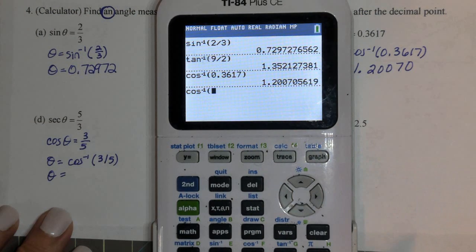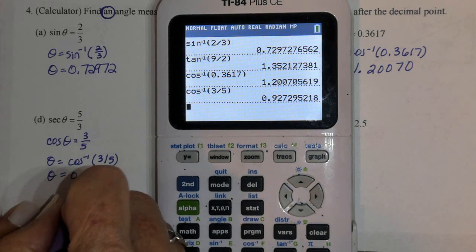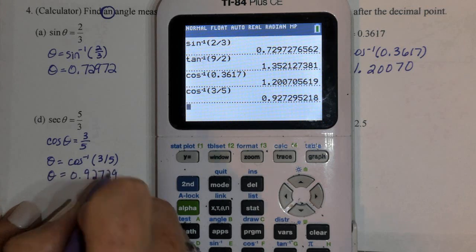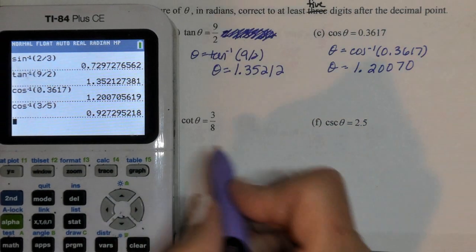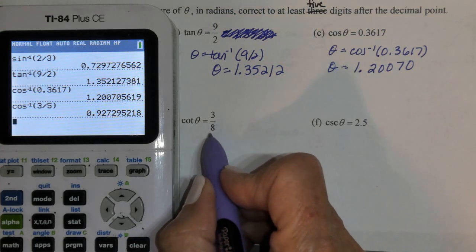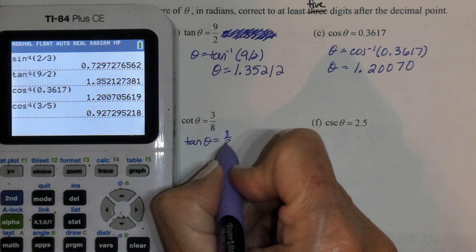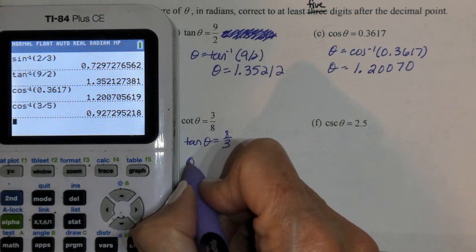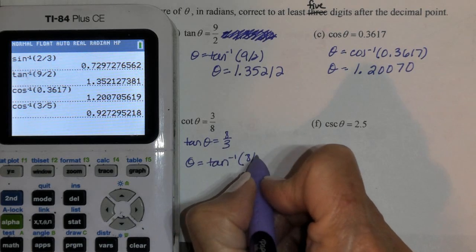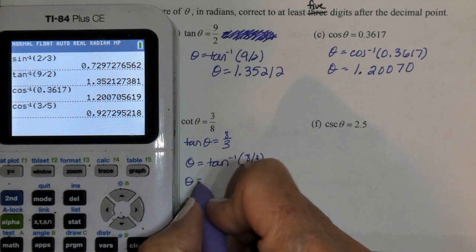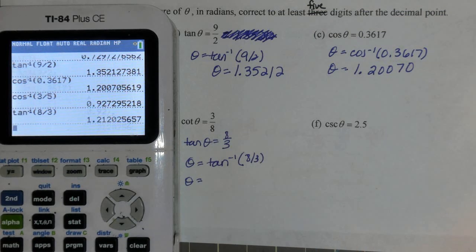Inverse cosine of 3/5. 0.92729. If cotangent of theta is 3/8, then tangent of theta is 8/3. So theta will be inverse tangent of 8/3. Inverse tangent of 8/3.